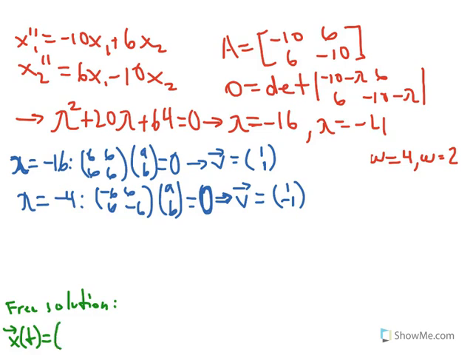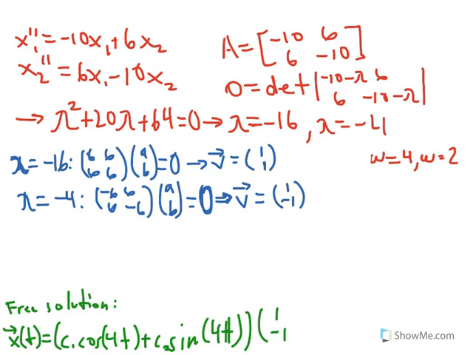Our x is equal to C1, arbitrary constant, cosine of 4t, plus C2 sine of 4t, and then this was multiplied by the eigenvector 1, negative 1, plus C3 cosine of 2t plus C4 sine of 2t multiplied by eigenvector 1, 1. That is our free solution.